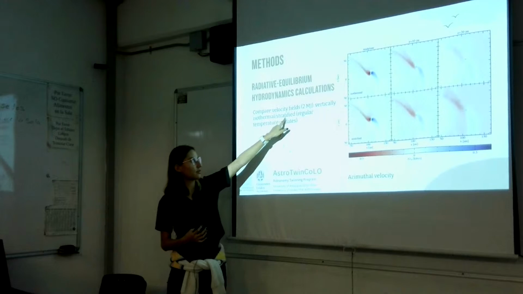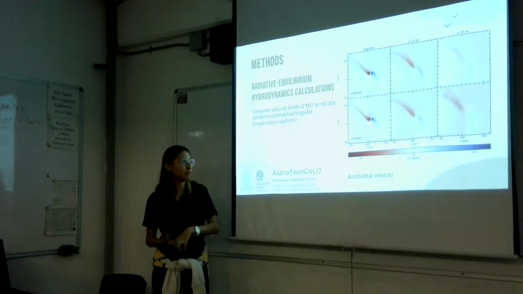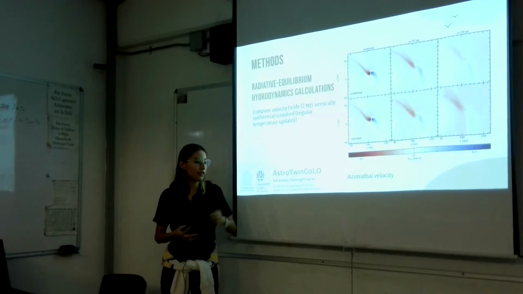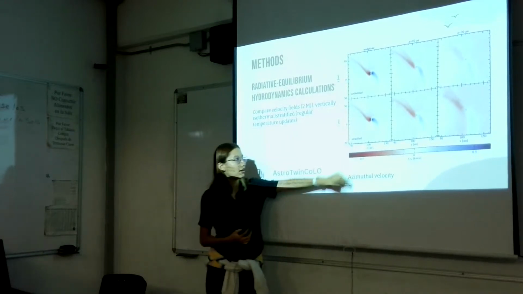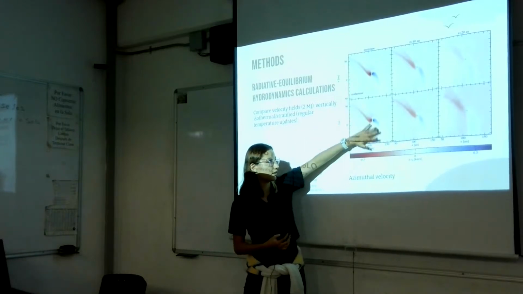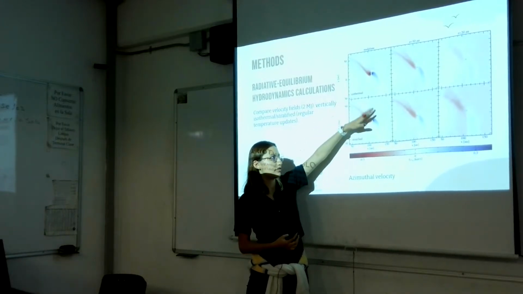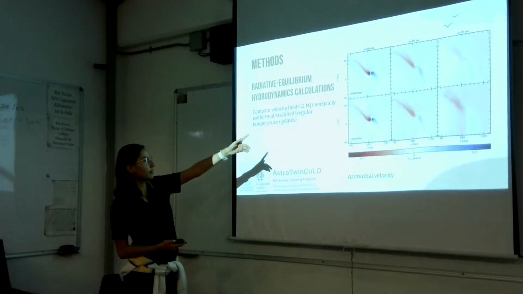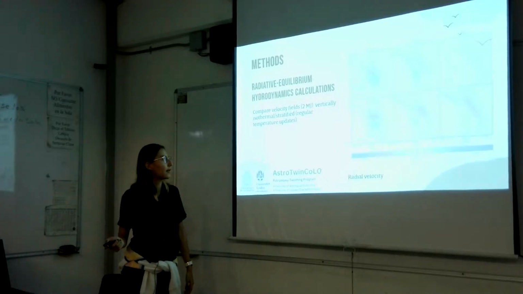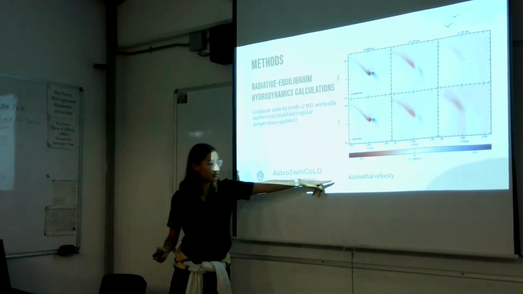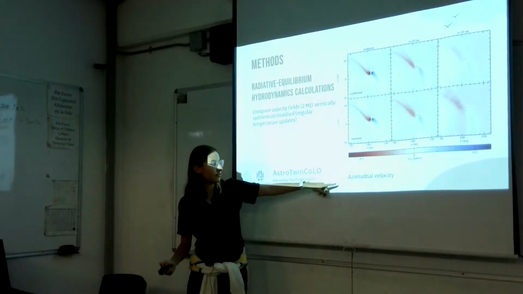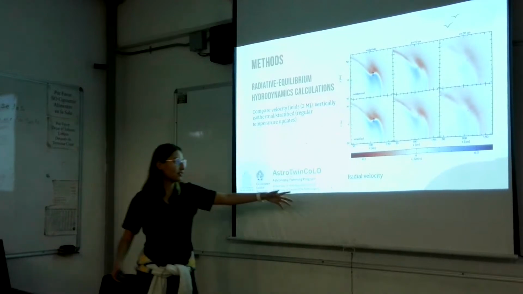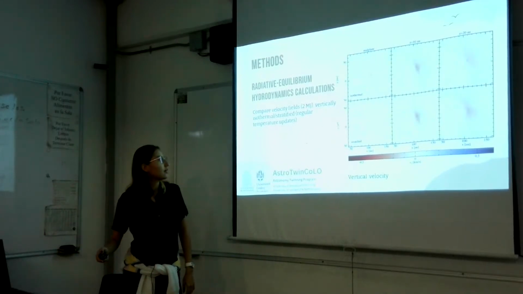And the second one is a little bit more complex because they had to do more iterations, and the code is a little bit more complex. And here you can see that both methods give similar results. So they took the vertically isothermal model. And this was the azimuthal velocity. You can see that the radial velocity doesn't change either, or the vertical velocity.